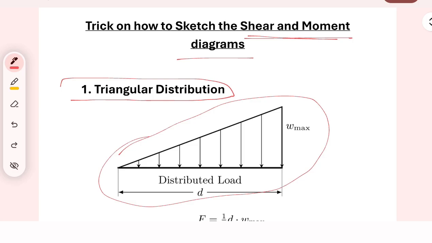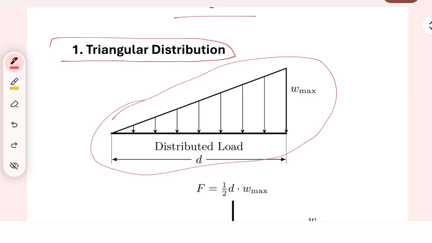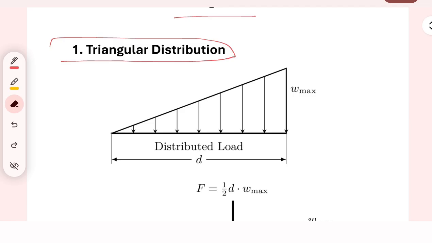Once we have computed the magnitude and the location of that single force, then you can proceed to drawing the shear diagram and then the moment diagram. So the question now is, since we are given a triangular distributed loading, how can I change it into a single force?